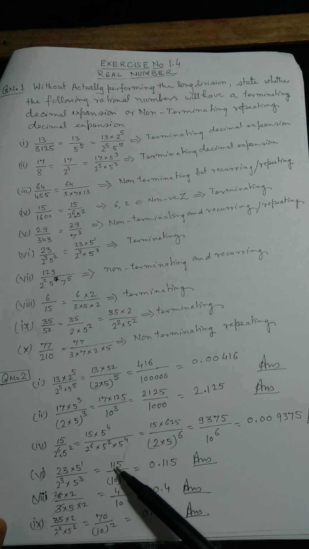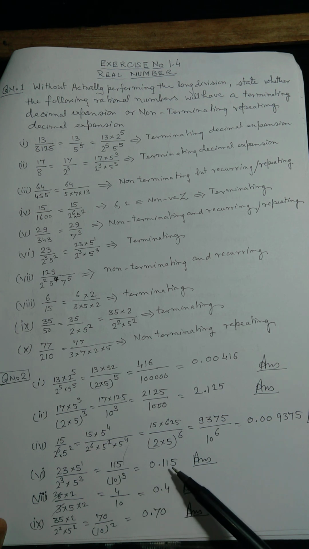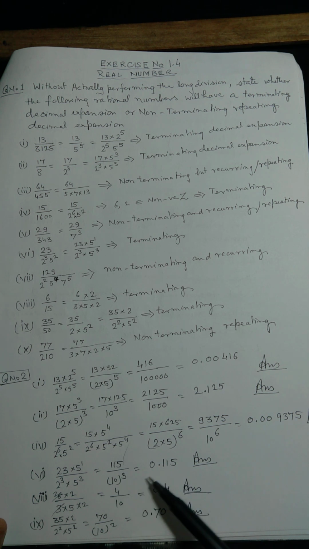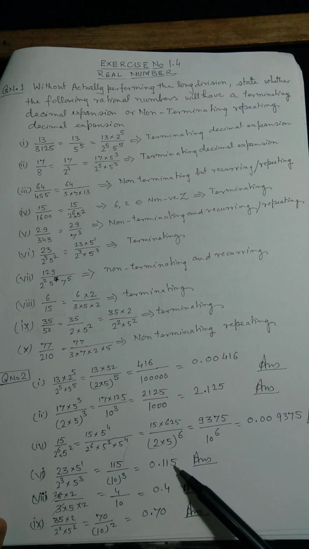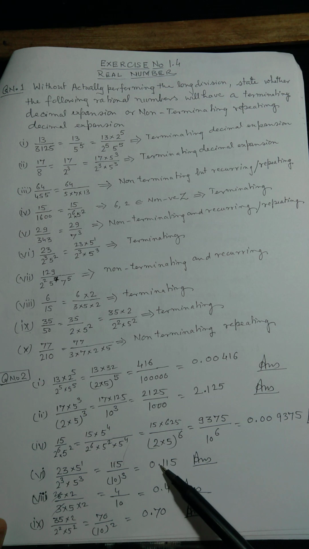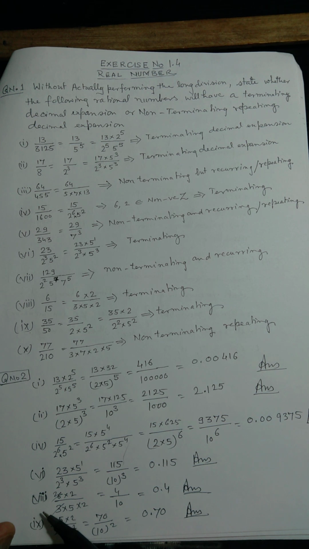So in the numerator we will get 115. So put the decimal after 3. You see 1, 2, 3. So 0.115.